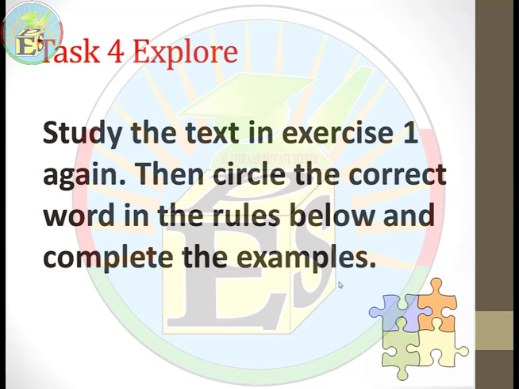So it's a multiple choice question, so we have to put a circle on the correct answer after we go back to the text that we have in task number 1. There is space supermarket in my street. So what is the correct article to write in this space? Is it there is a supermarket in my street, there is an supermarket in my street, or there is the supermarket in my street?